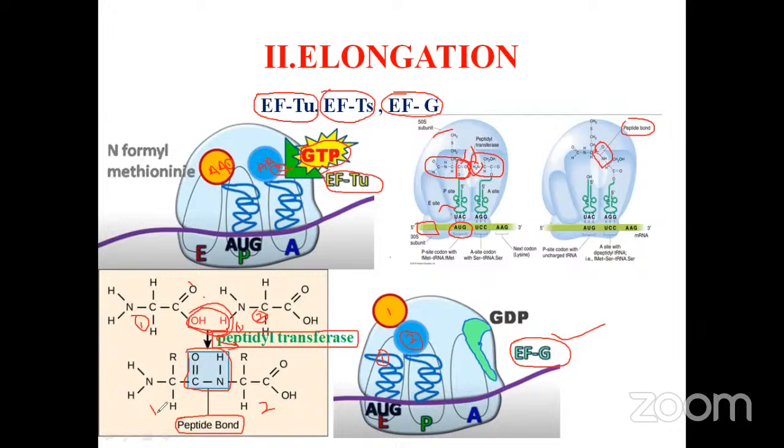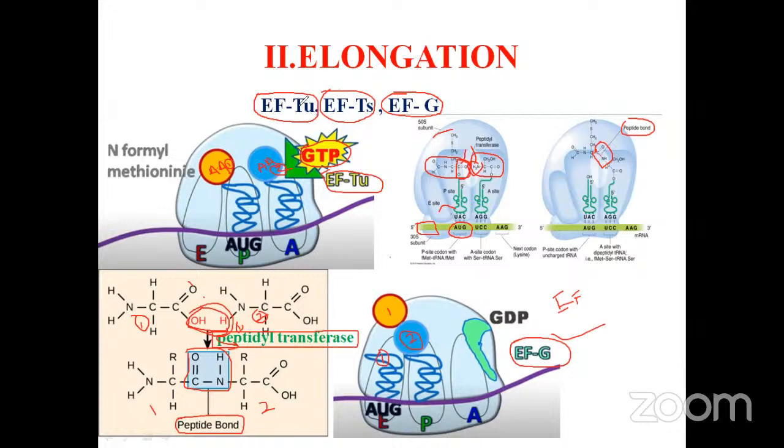So for example, first amino acid, second, and then the A site gets filled with tRNA. Now in this slide, in the last slide, the A site is empty, sir. There is no tRNA. Now, with the help of EF-Tu, which is actually activated with the help of EF-Ts, both are indirectly involved in activating EF-Tu.